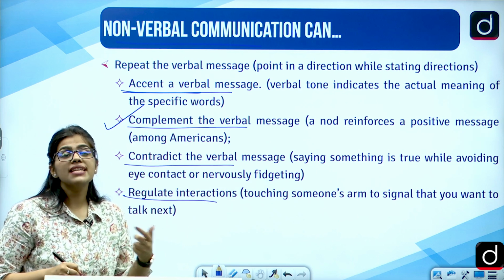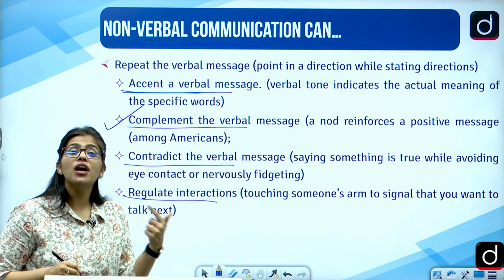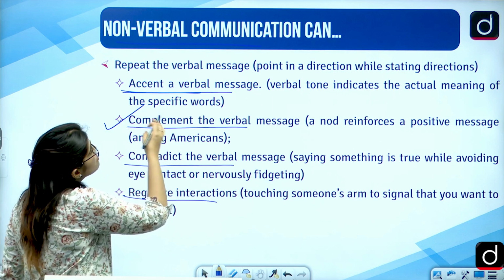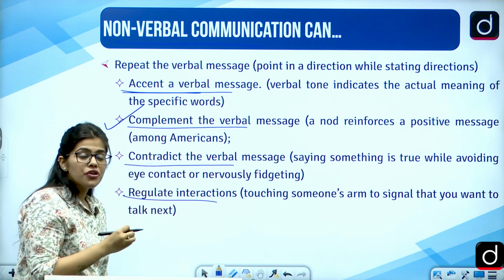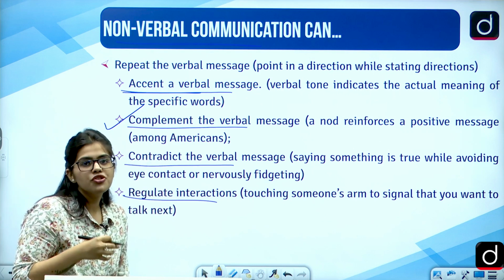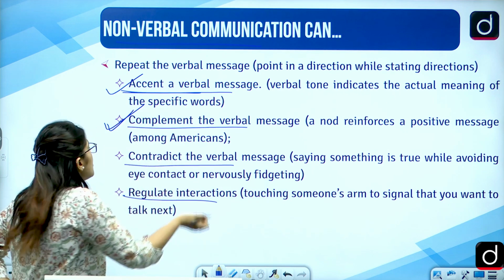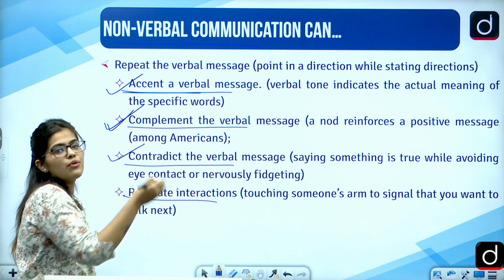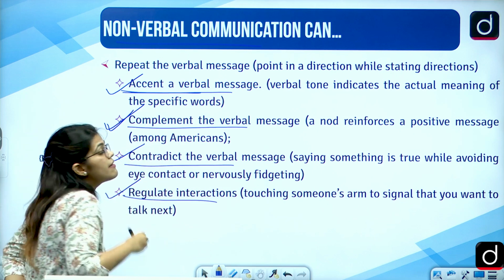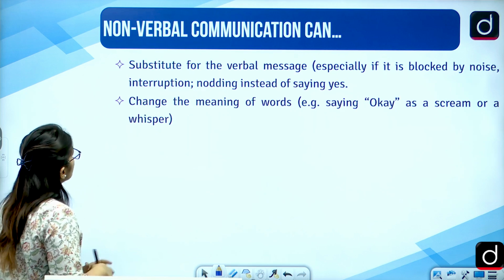This can be a clue that you are giving to the other person. So using non-verbal communication, you can put emphasis, you can complement whatever you are saying, you can disagree or contradict whatever you are saying, and you can regulate the interactions as well.